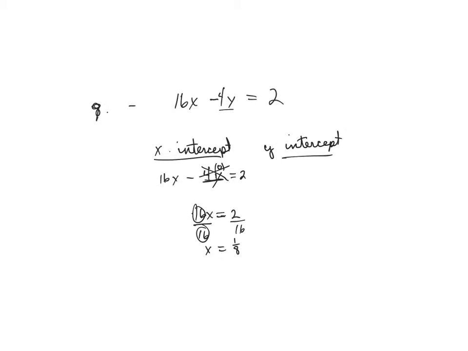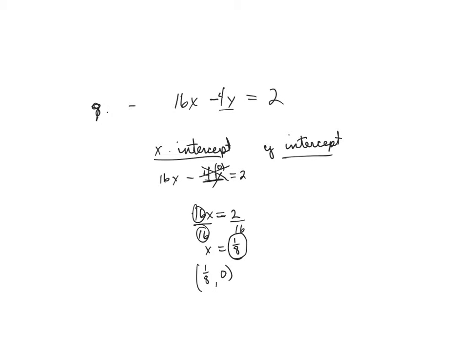And 1/8 is hard to graph, but nonetheless, when y equals 0, these are my coordinates here. It'd be 1/8, comma 0. That's one coordinate.